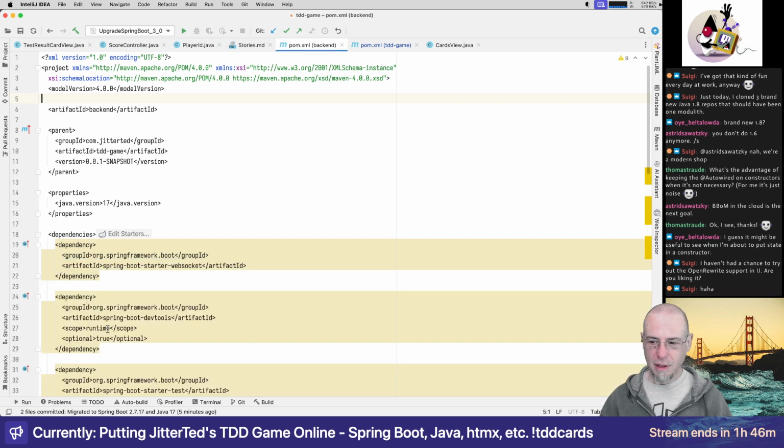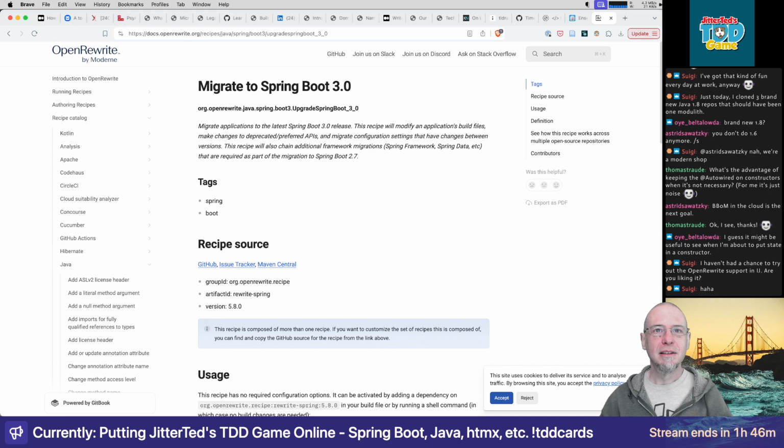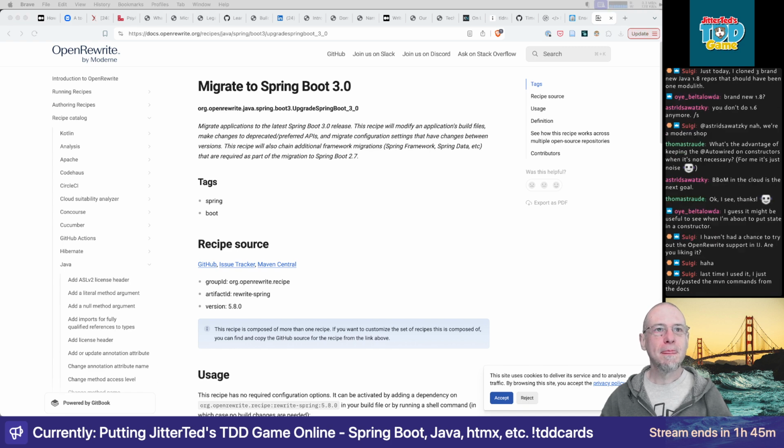So I have to go now back to the docs because I don't know how to trigger it. It was popping up before here, but now it's stopped popping up. Even though I'm not done yet, I'd like to get the 3.2. So let's go to the docs. Where are the docs? Here they are. Oops.